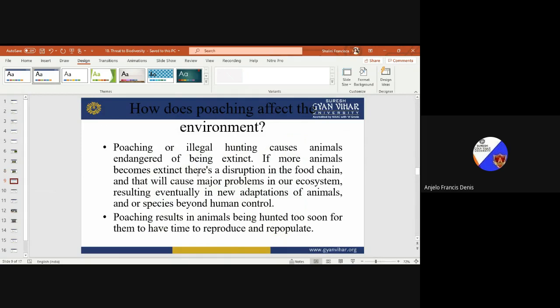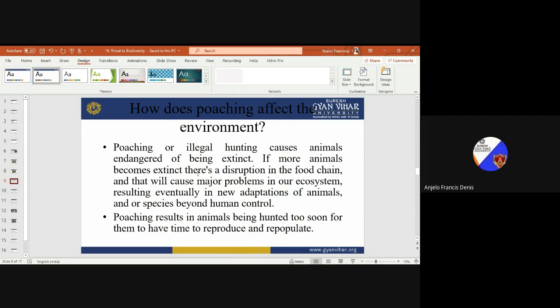So now the question is, how does poaching affect the environment? Poaching or illegal hunting causes animals to become endangered or extinct.